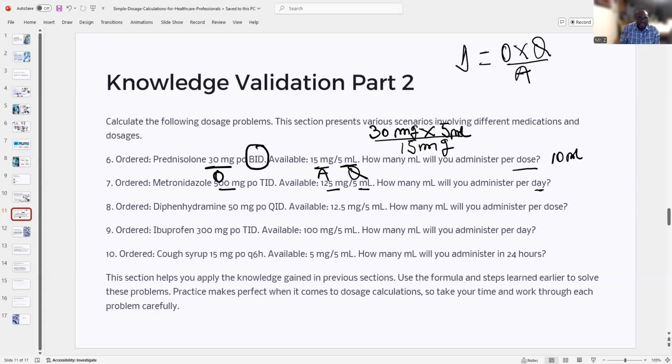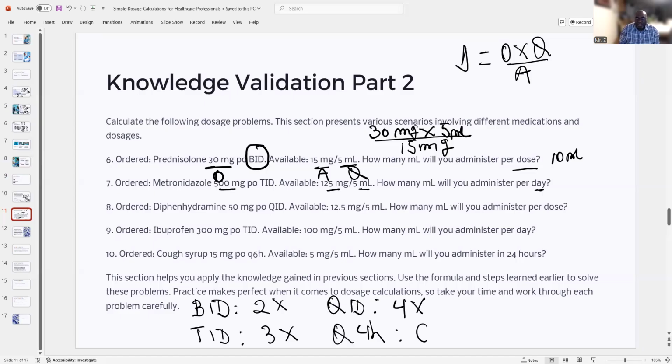All right, so don't forget, BID means 2 times a day. TID means 3 times a day. QID means 4 times a day. Every 4 hours means 6 times a day.